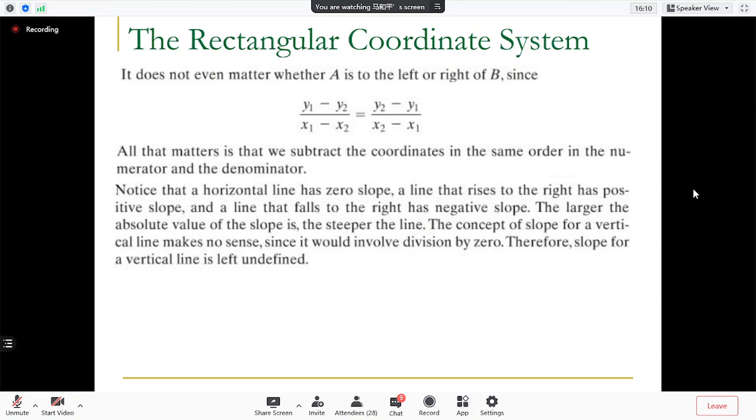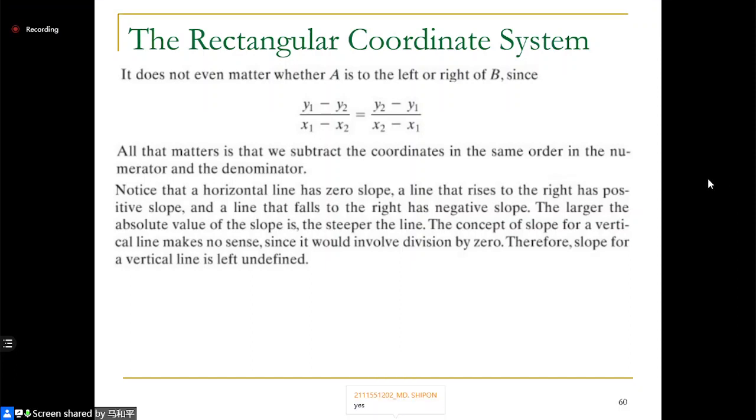No, the equation of this straight line is this form. True or false? Maybe you can answer me directly. No, this is false.